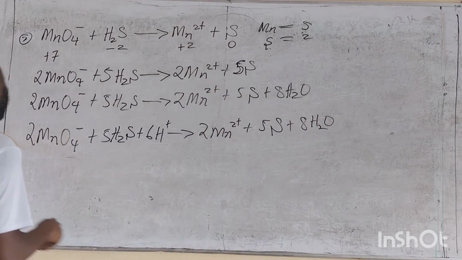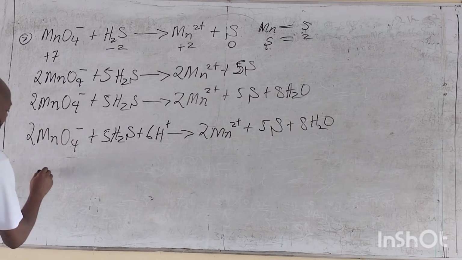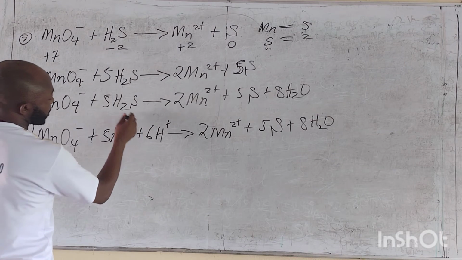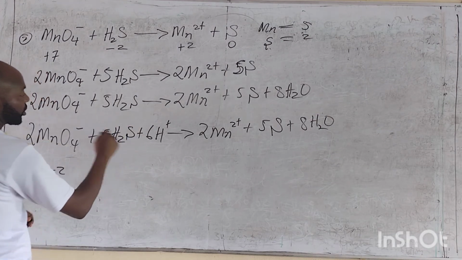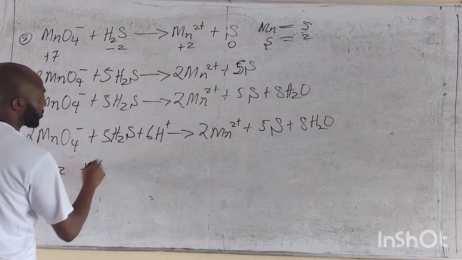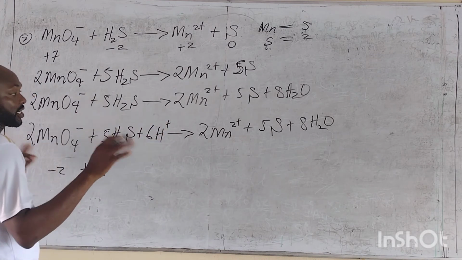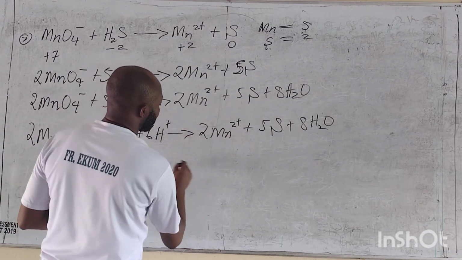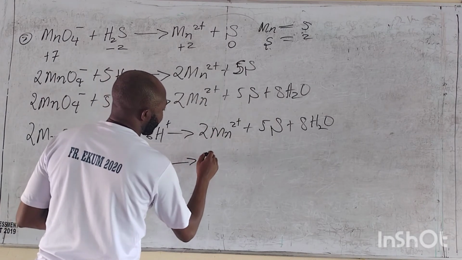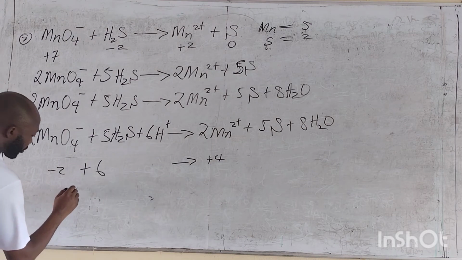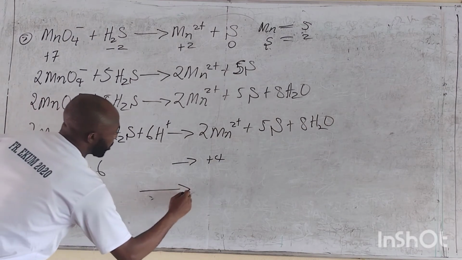Let's see, 2 times minus 1 is minus 2. This has no charge on it, so it's 0. This is plus 6. 6 times 1, we're balancing the charges. On the other side, 2 times 2 is 4, so plus 4. Now minus 2 plus 6 is plus 4.